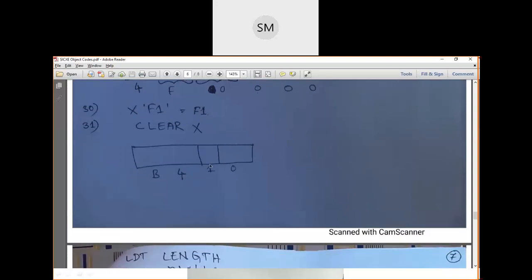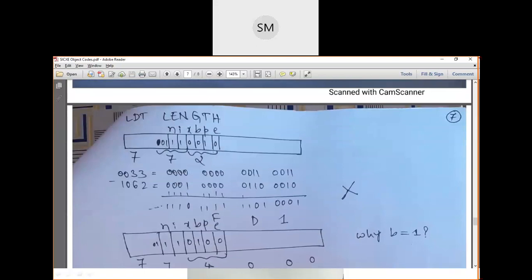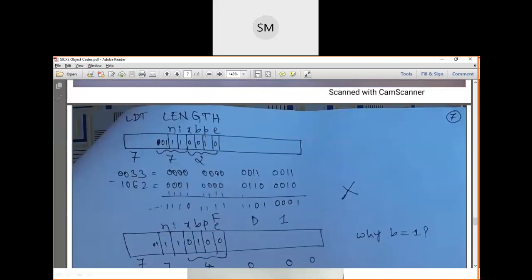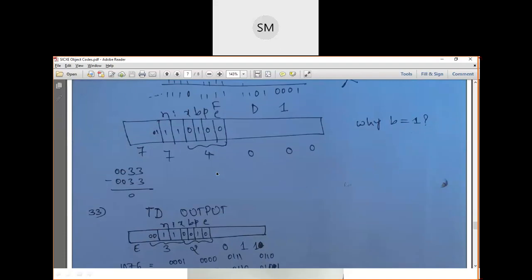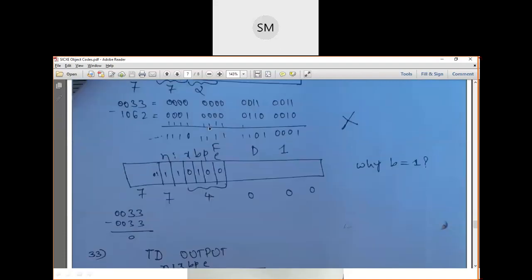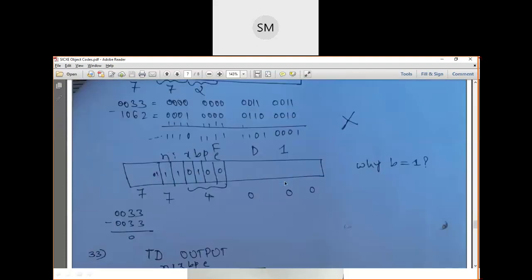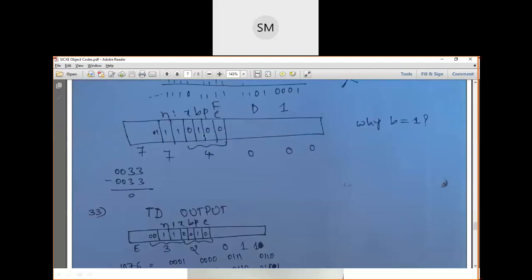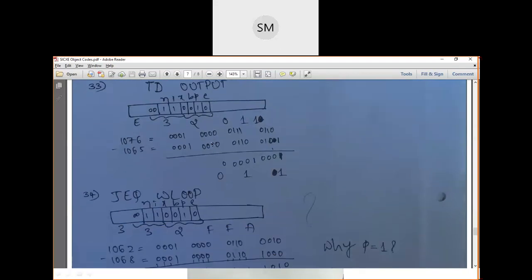And CLEAR X, format number 2. LDT length, format number 3, by using program counter, base relative. Here also the displacement will not fit in the range, so I go with base relative addressing mode. TD output, format number 3.